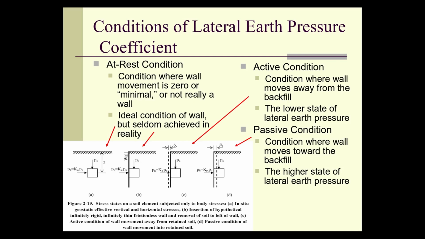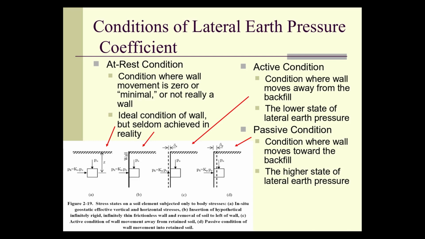And the classic way that they're trapped is in the A diagram, 2-19A. We have a semi-infinite soil mass. Stresses are induced by the self-weight of the soil to start with, and then we can add to those later. But there's nowhere for the soil to go. Why?